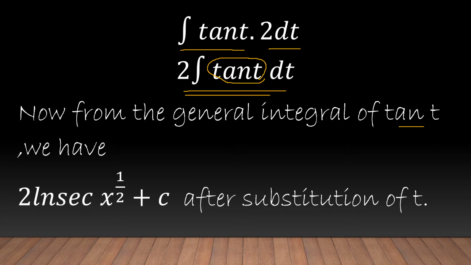The integral of tan t will be given as ln sec of t. But we know our t here is root x. So after substitution of t, you get the correct integral of the solution of that.